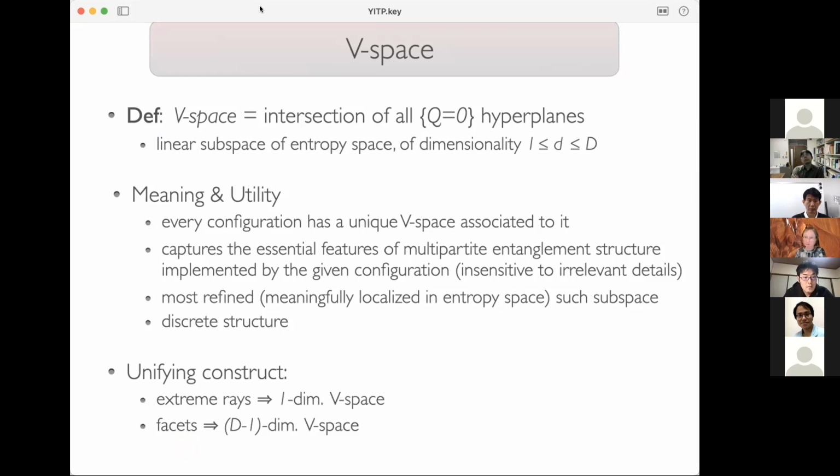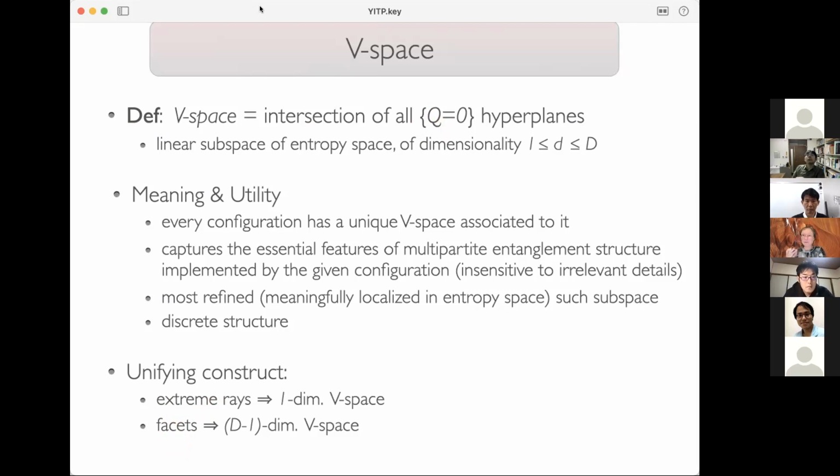Depending on whether your configuration corresponds to an extreme ray, or a generating configuration for one of these facets, or some intermediate thing, that gives the dimensionality of the Vspace. So that's a nice refined quantity, but it depends on specifying all of these primitive information quantities.